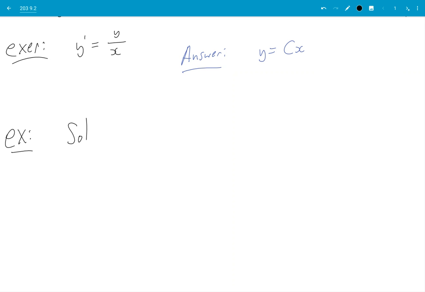Okay, now we're going to do initial value problems again. Solve the initial value problem.